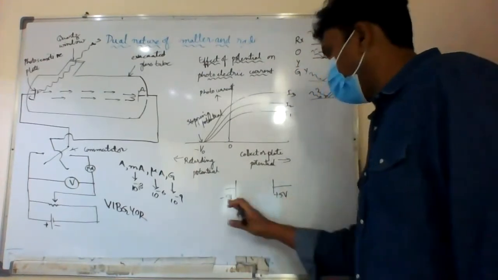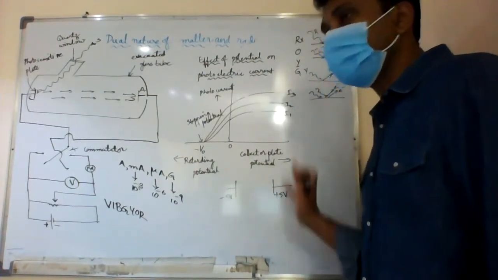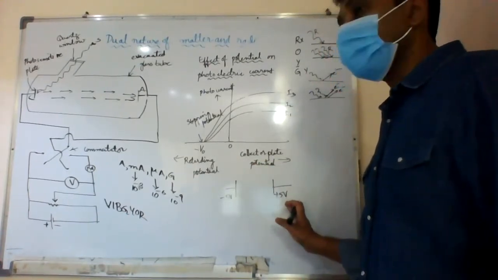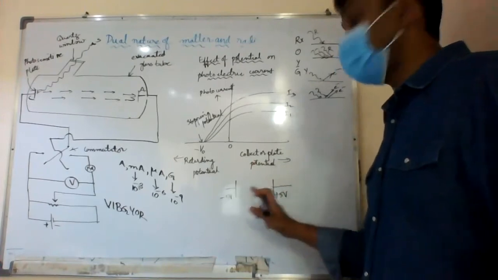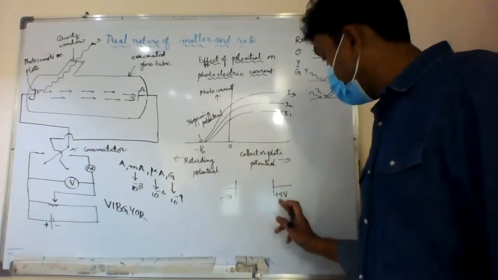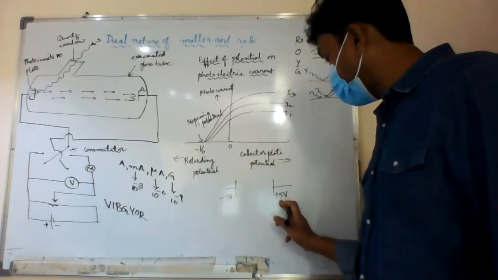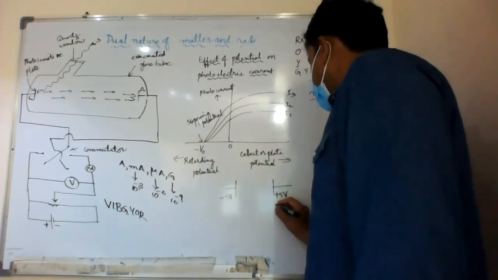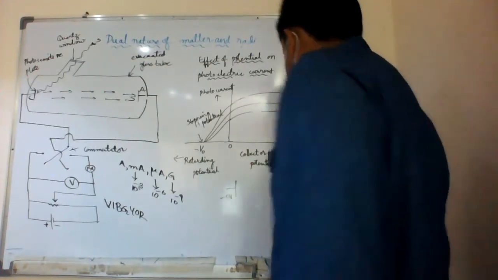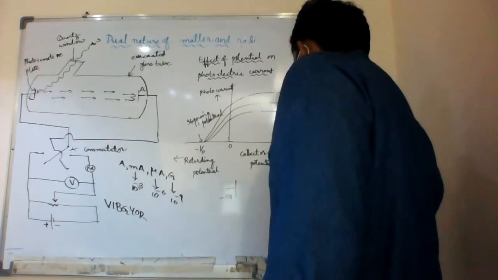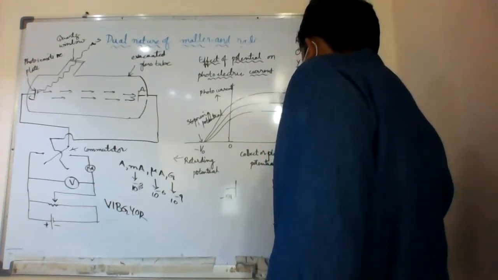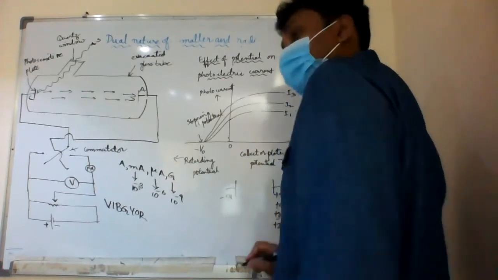Voltage means the potential difference between the two, but here we say potential, because if you are speaking only about one plate, we say it is potential. Negative potential, positive potential. Now this is positive potential plus 5, and we write here plus 4, plus 3. We are decreasing the potential. Now plus 2, then plus 1 volt, and then 0. Then slowly we are reducing it.